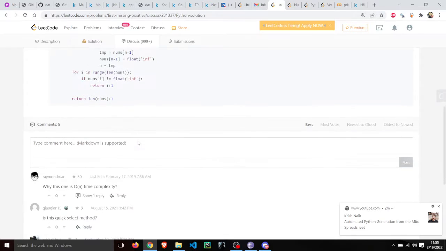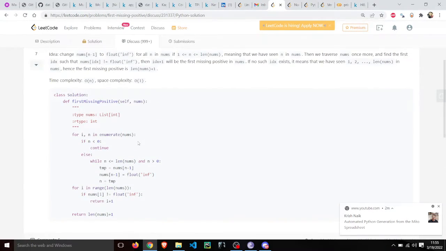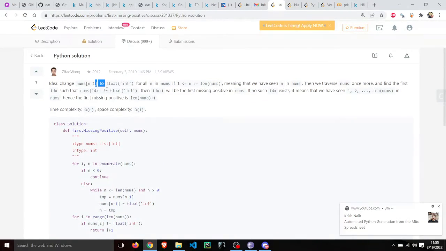Yeah, I guess this is a constant space one. Okay, so let's check it out. So he's iterating in this array, and if that's a negative number, we continue, else while n is less than or equal to the length of nums and n is greater than or equal to 0, we're taking this step. Okay, the idea is to change nums[i] minus 1 to float infinity for all items.